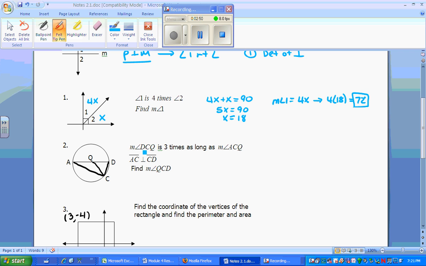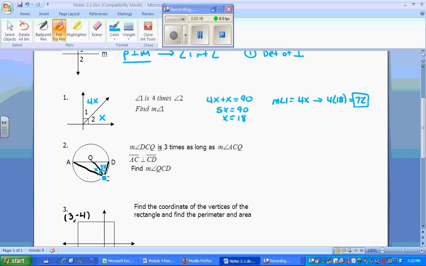Example 2. Measure of angle DCQ. DCQ is 3 times as long as measure of ACQ. So ACQ we should call x. The measure of DCQ is 3x. AC is perpendicular to CD. Well, we learned if two lines are perpendicular, they form a right angle.